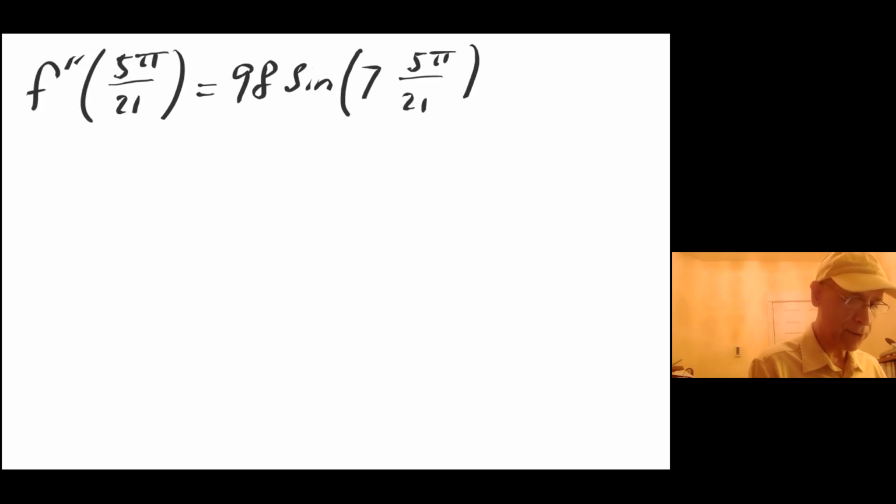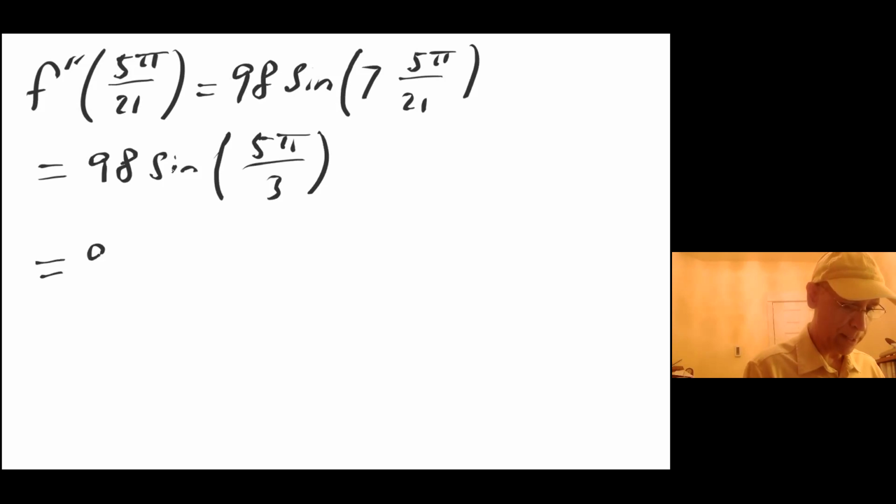f double prime of our second answer, 5 pi over 21, should give me a negative value. 98 sine of 7 times 5 pi over 21 equals 98 sine of 5 pi over 3. Sine of 5 pi over 3 is positive root 3 over 2.